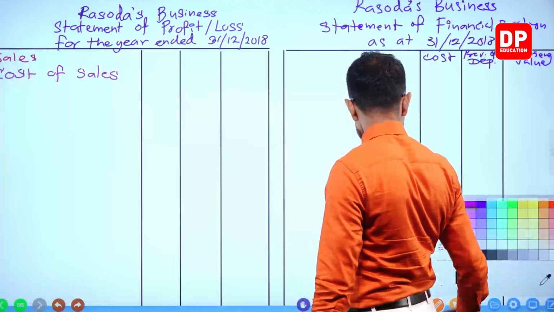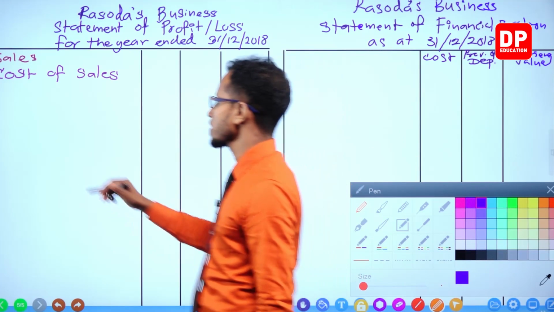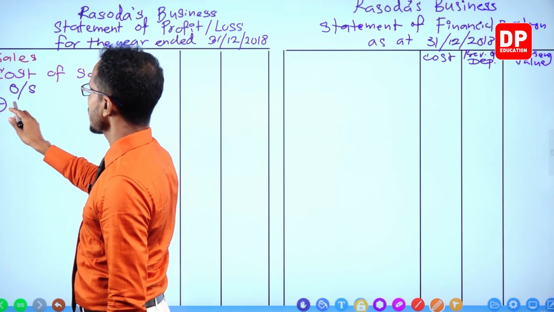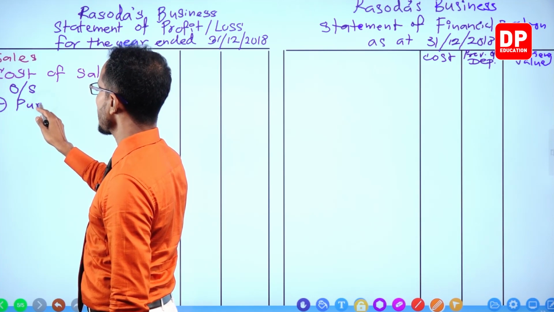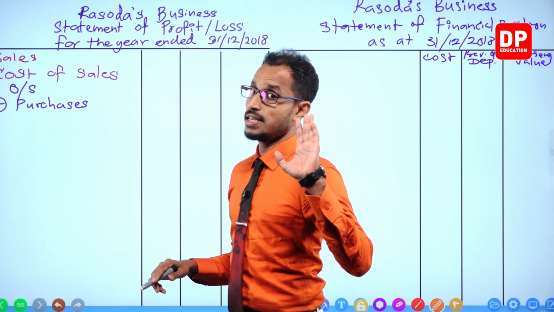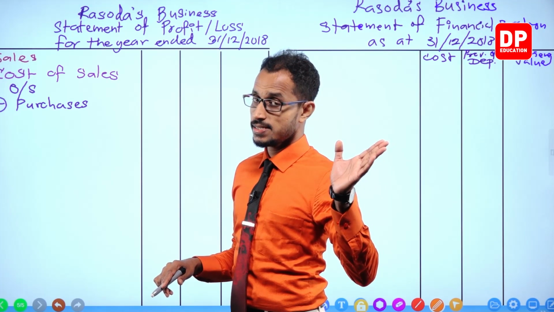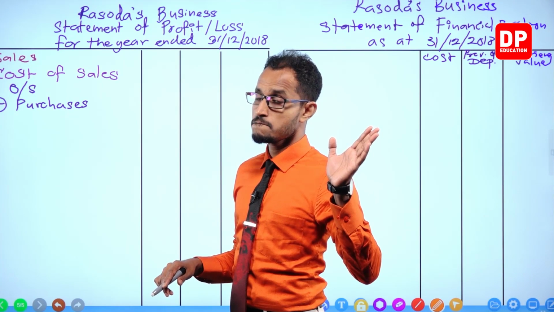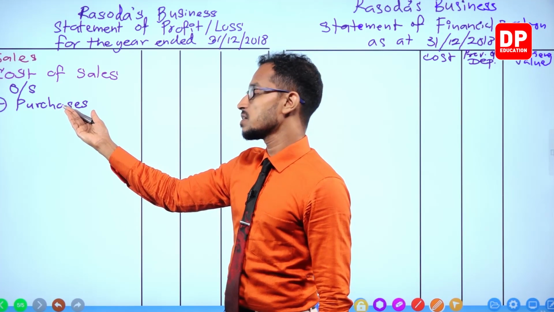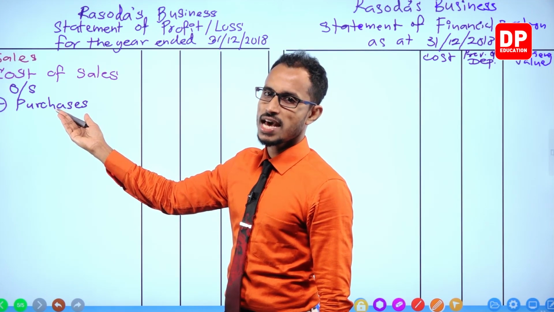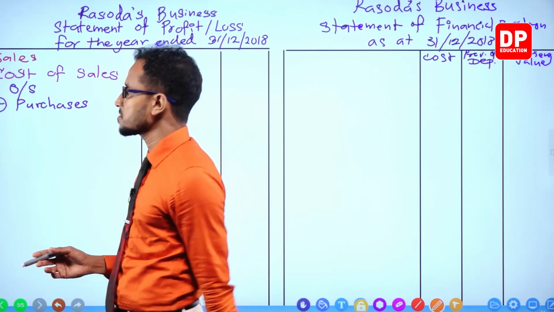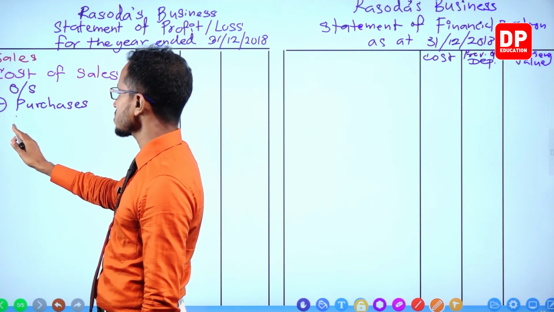Then under cost of sales, you have more items like opening stock. To that, you should add purchases. I always say, don't forget to leave a couple of lines under purchases, for purchase related expenses.